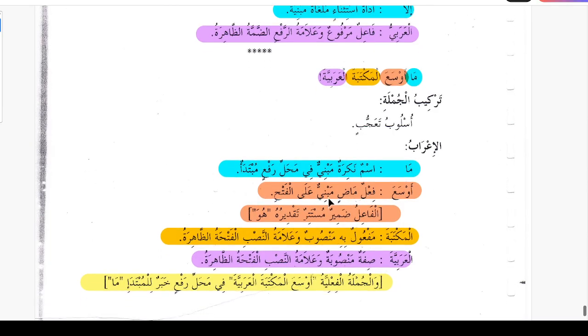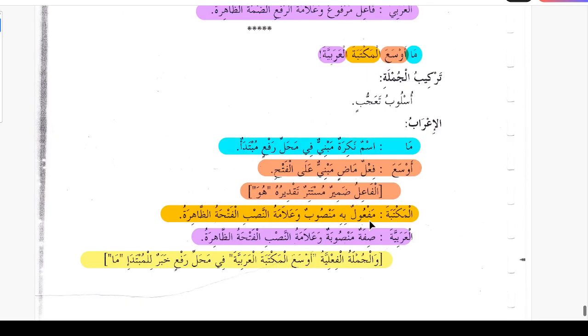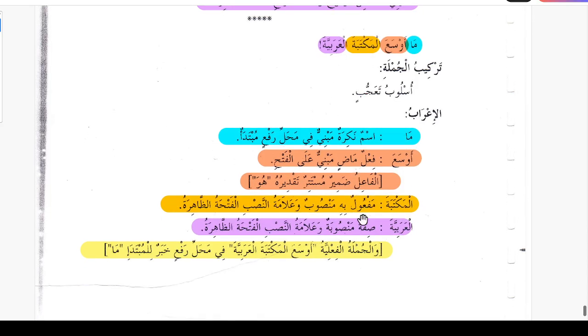Awsa fi'lu madin mabniyun alal fathi, awsa is fi'lu madin and is mabni alal fathi, and fa'il is damirun mustatirun takdiru huwa, the fa'il is hidden here and the estimation is huwa. Al maktabata maf'ul bihi mansubun walamatun nasbi al fatatu zahira, and arabiyyat is the sifa mansubatun walamatun nasbi al fatatu zahira.